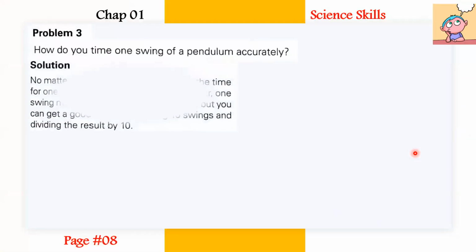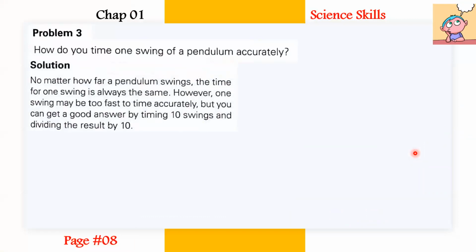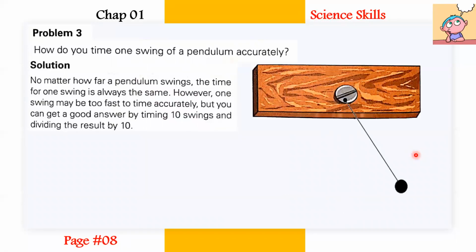Problem 3. How do you time one swing of the pendulum accurately? No matter how far a pendulum swings, the time for one swing is always the same.